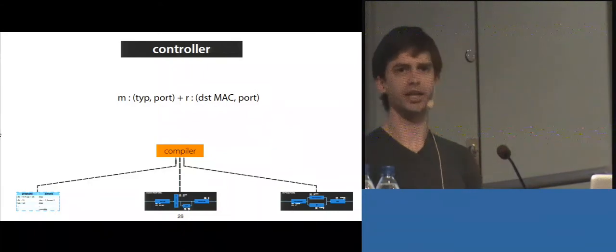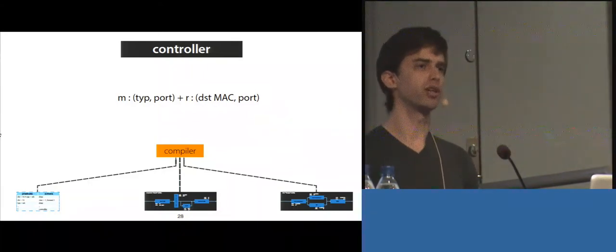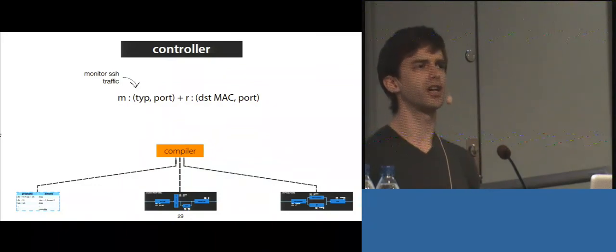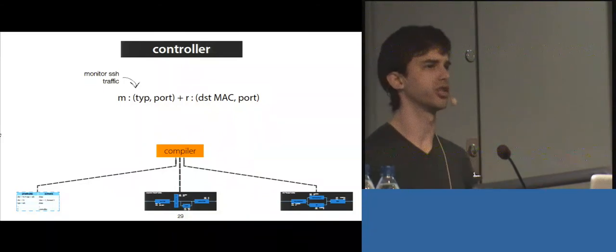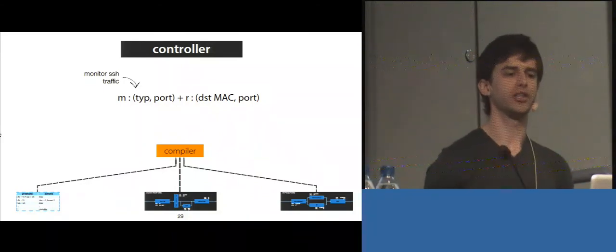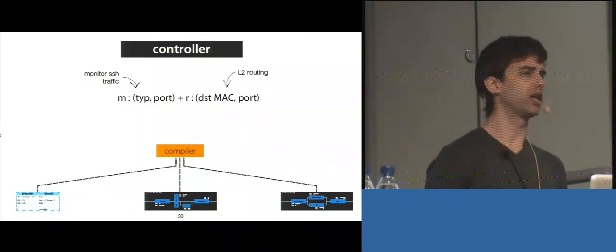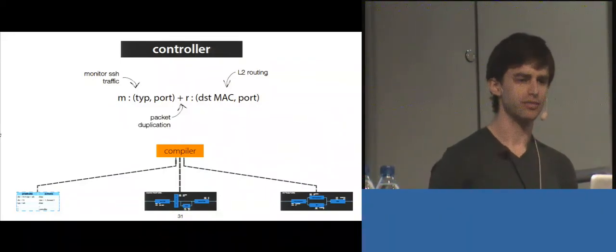Let's say that the application we'd like to implement is a combination of monitoring and routing. For SSH traffic, we'd like to siphon it off and copy SSH packets off a special port to be sent to a server for further security analysis. At the same time, we'd like to do layer 2 routing based on destination MAC address.